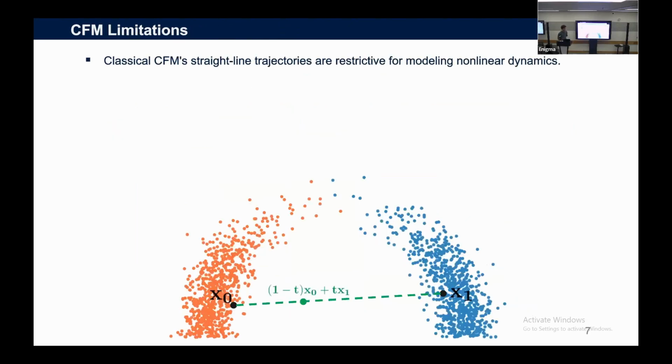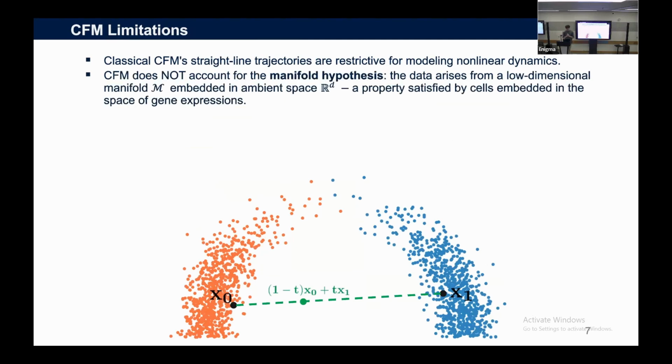So the way classical conditional flow matching would approach this problem is, if you have a source and target distribution, I sample two points from my source and target, maybe independently, maybe with some optimal transport coupling, and then I design a straight path, and that's how I connect the two. The issue with that is, if the data live on a manifold, meaning, for example, the dynamics generating this population is actually non-linear, the straight path will most likely not be a good choice.